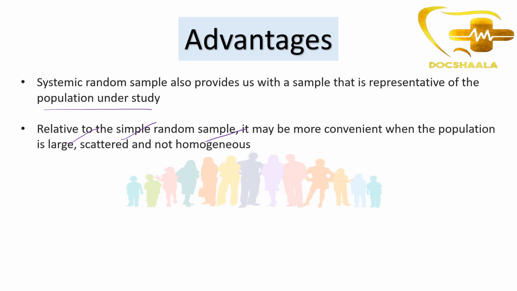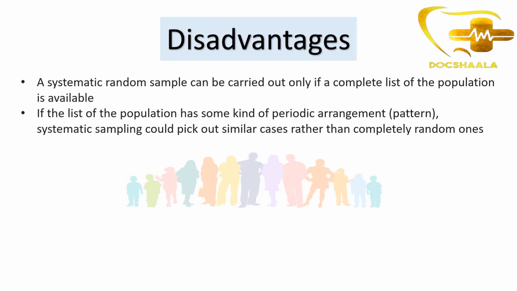It is a heterogeneous kind of sample. We get different varieties of samples in a single thing, right? Then coming to disadvantages. It can be carried out only if a complete list of the population is available. If the list of the population has some kind of periodic arrangement, systematic sampling could pick out similar cases rather than completely random ones.